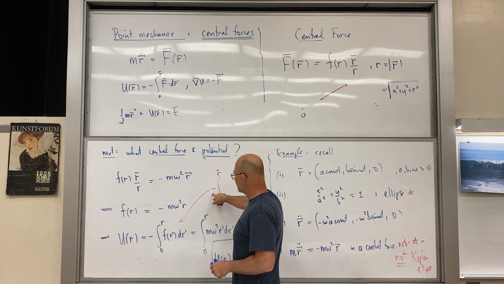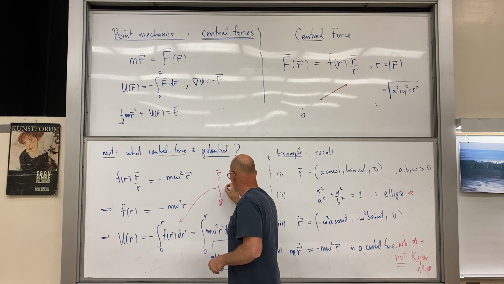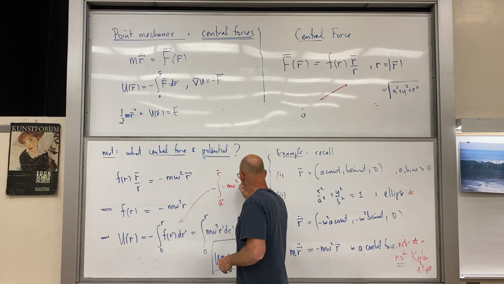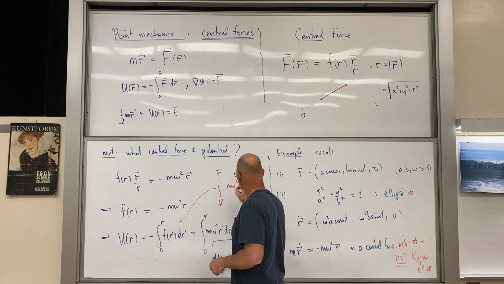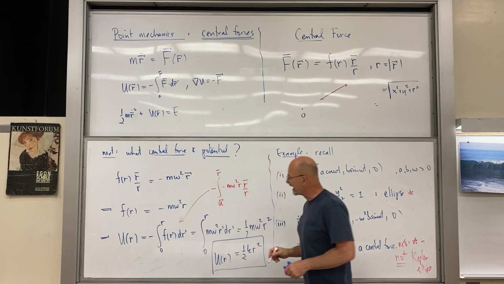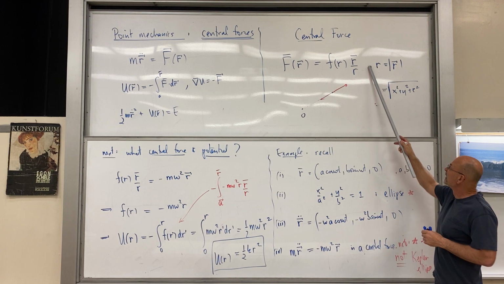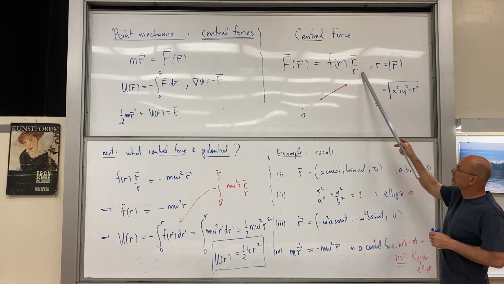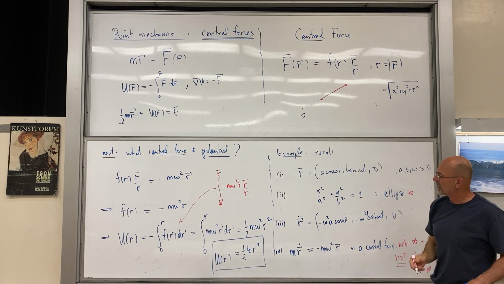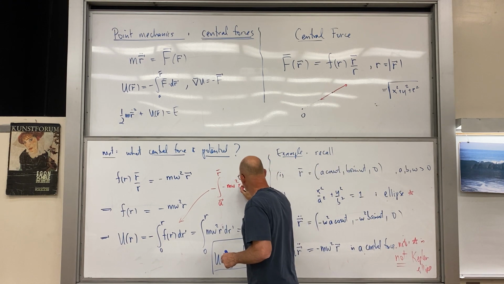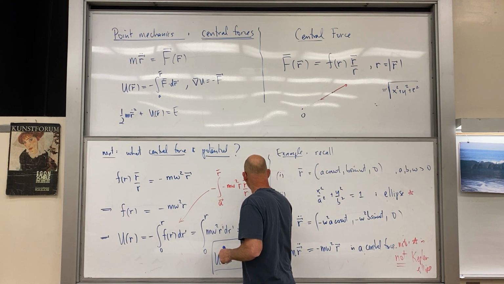And now we need that force, minus m omega squared r, and then we would have had r over r, which is just a unit vector. If I didn't say it, I should have. This is just a unit vector, the vector divided by its magnitude. And we would have had to dot this into our dr.